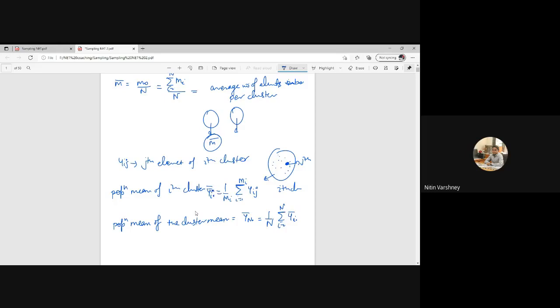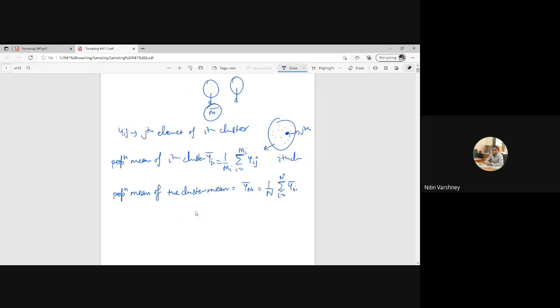Just a minute again. What is the setup? One, these are our clusters. Suppose this is the ith cluster. So what is its mean? Its mean will be y bar i dot. Why am I writing this dot here? Because we have different clusters.